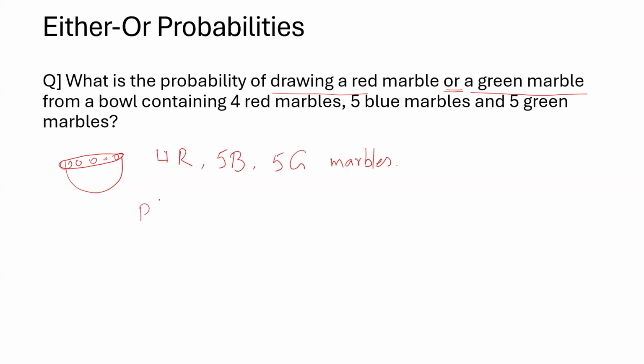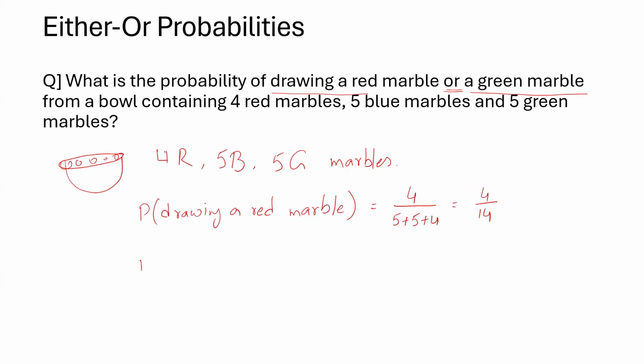So, probability of drawing a red marble. How many red marbles are there? You have 4 red marbles, right? And how many total marbles are there? 5 plus 5 plus 4. So, it is 4 upon 14.